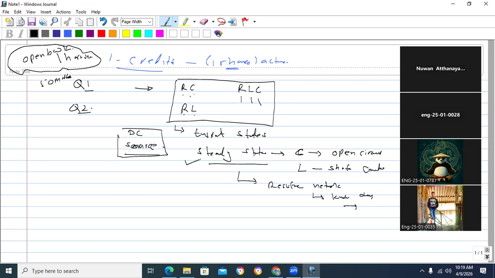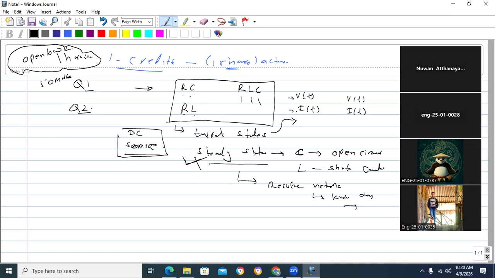So steady state is not difficult. You need to focus on transient state. At the transient state, the capacitor has an equation for voltage and current, and the inductor also has an equation for voltage and current.